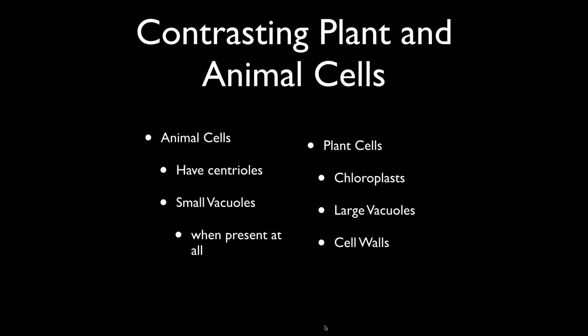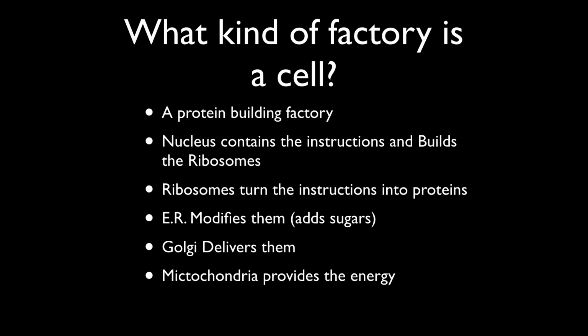In fact, if you see a cell with vacuoles, you can assume it's a plant cell. And cell walls. So animal cells: centrioles, no vacuoles, and lysosomes. Plant cells: chloroplast, vacuoles, and cell walls.